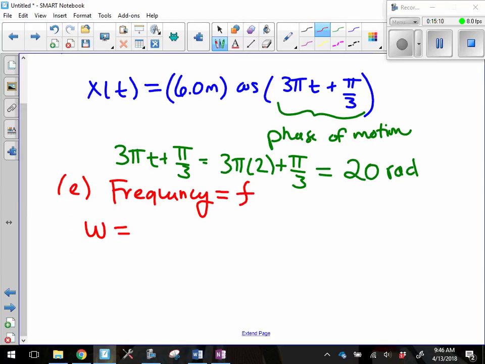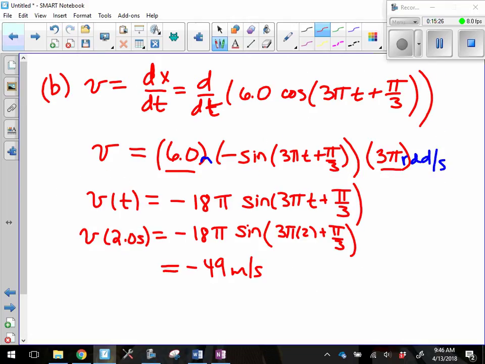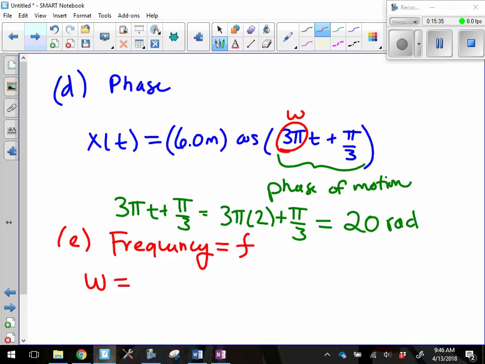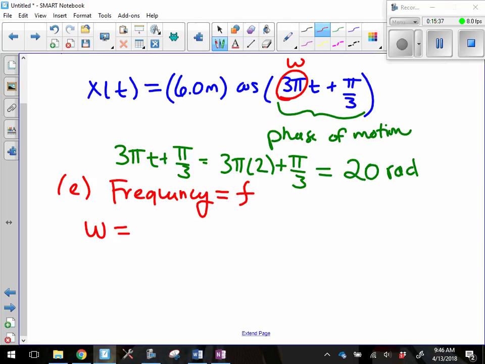What's omega equal to? No, this is just omega. If we compare it back to our original general equation here, the thing that's in front of the t is the omega. So we know that omega is going to be 3 pi radians per second.